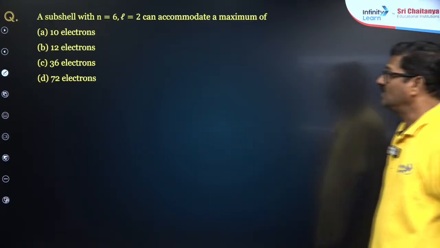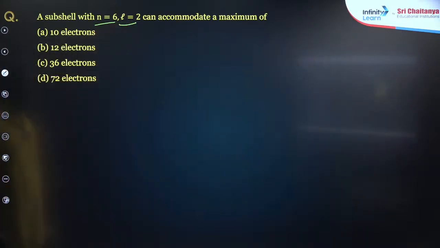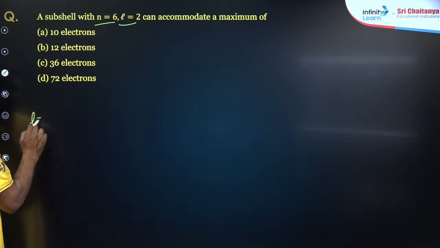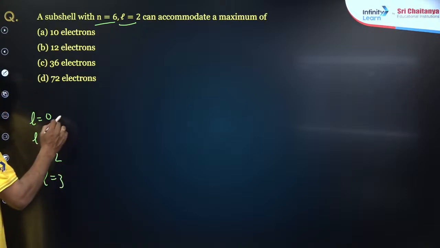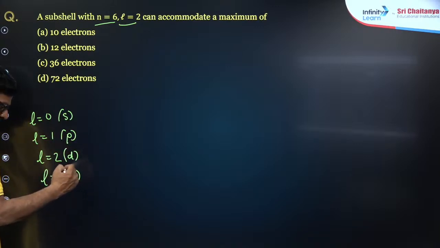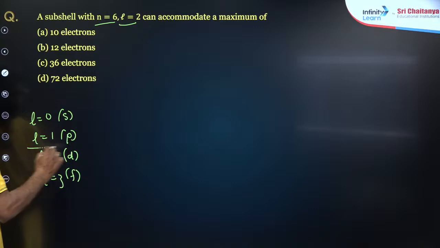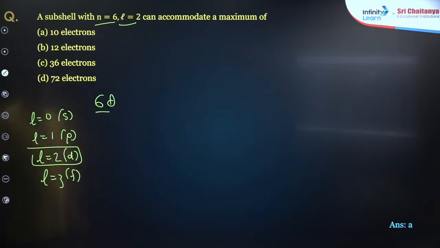Now one more, a subshell with n is equal to 6, L is equal to 2 can accommodate a maximum of. So L is equal to 0, L is equal to 1, L is equal to 2, L is equal to 3. So it is s subshell, p subshell, d subshell, f subshell. Right. Now L is equal to 2. So for the 6d orbital, how many electrons can be accommodated? 10 electrons maximum. Understand?